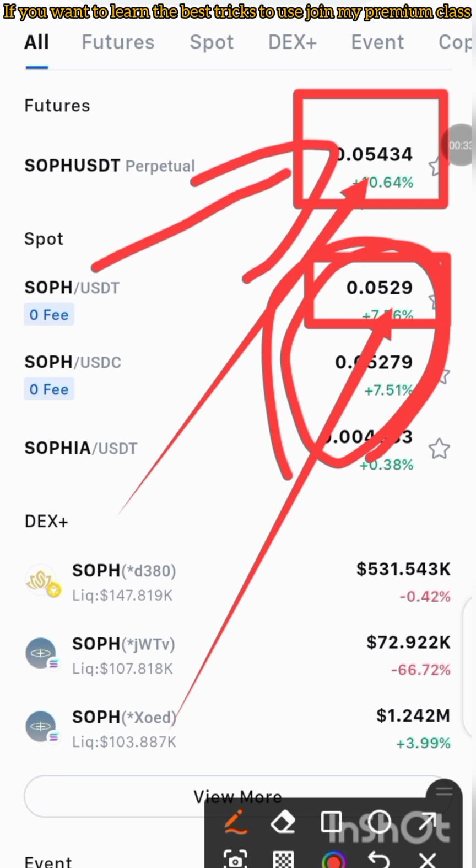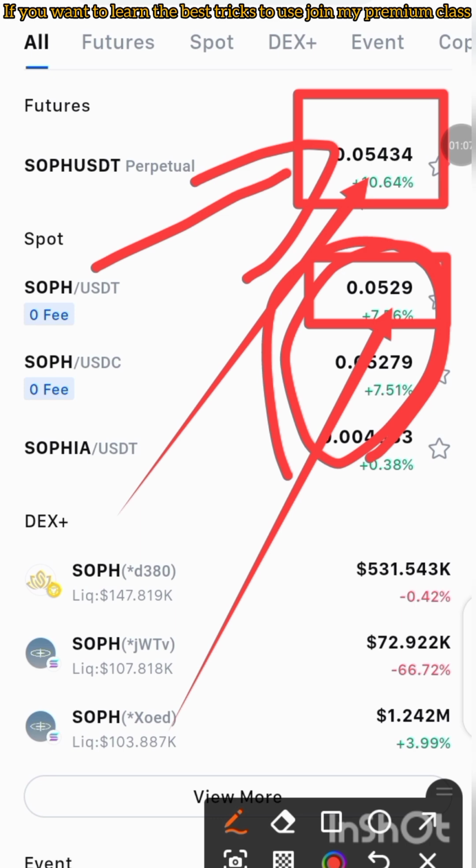Since the spot one is the one that determines the move of the perpetual, which is the future, you can now see whenever the spot moves ahead from 0.052 to 0.054, it simply means that the perpetual will follow that particular trend. It will get to that particular price before it will now drop. Are you getting me?